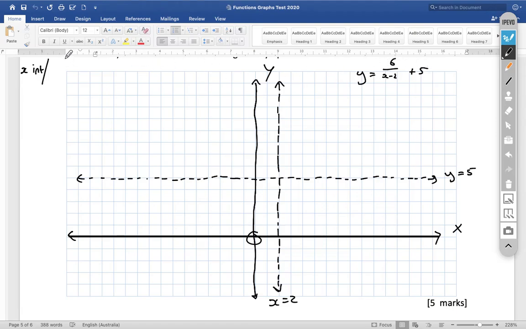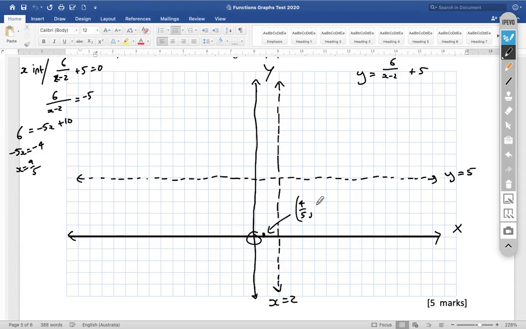So that will happen when 6 on x minus 2 plus 5 equals 0, or when 6 on x minus 2 equals minus 5, or when 6 equals minus 5 times x minus 2, we'll have minus 5x plus 10, take it over there, we get minus 5x is minus 4, x equals 4/5, so it's coming through about here, and I think that's a nice point to indicate. Right, so x is 4/5.